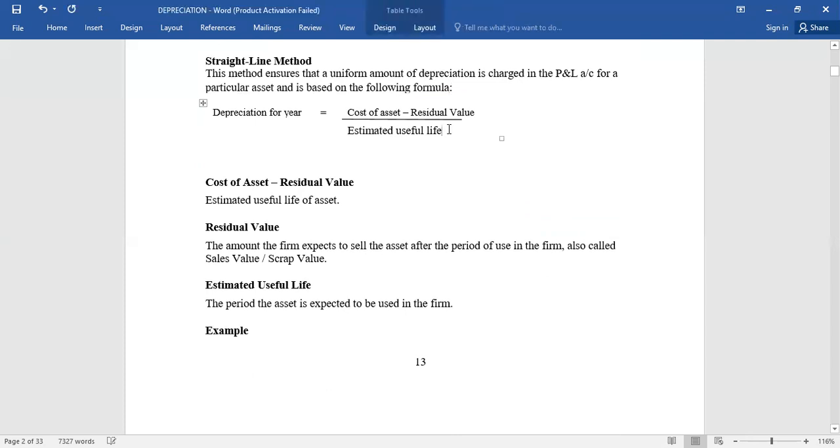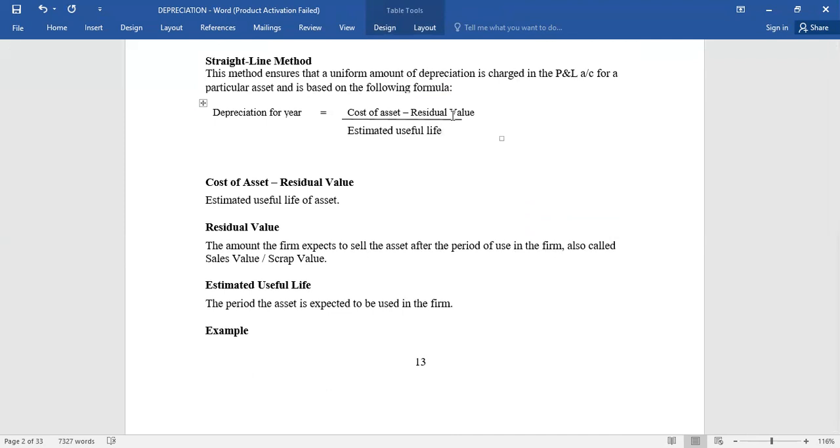The depreciation for the given year is equal to the cost of the asset, less the residual value or the scrap value, over the estimated useful life.